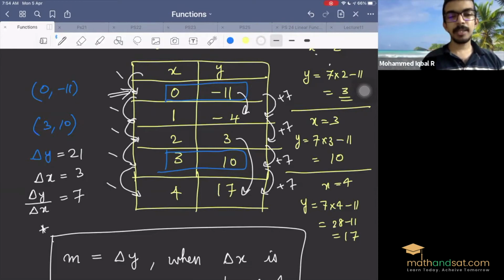You take a linear function, take any two rows or any two ordered pairs from the input-output relationship, and calculate change in y by change in x. This ratio will always be the same. You get what I'm saying?